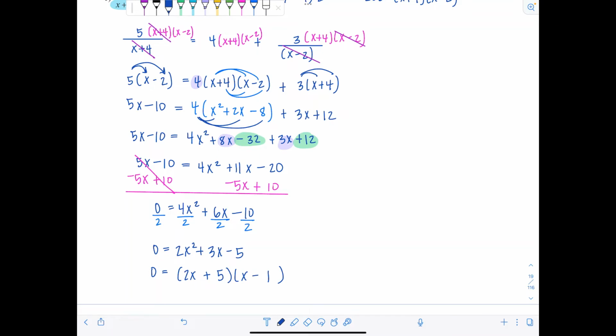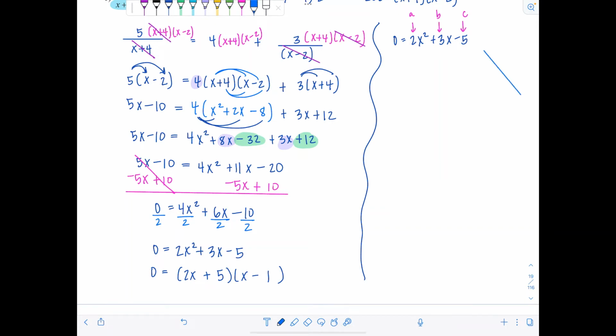Okay, if you're struggling with guess and check, then your other option, I'll write it out this way, 0 equals 2x squared plus 3x minus 5. Remember, we called the coefficient on x squared a, this is b, constant is c, and then you can do the AC method and split the middle term. So a times c goes in the top, air conditioner usually is upstairs, -10, that's not necessarily true, just helps me remember.